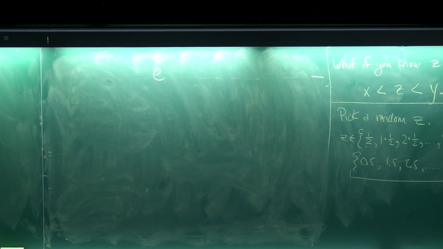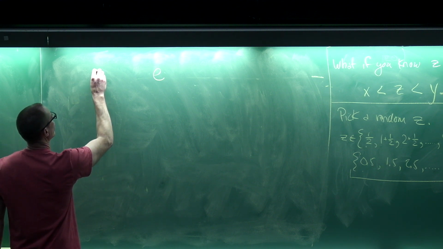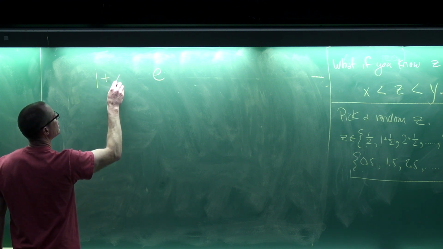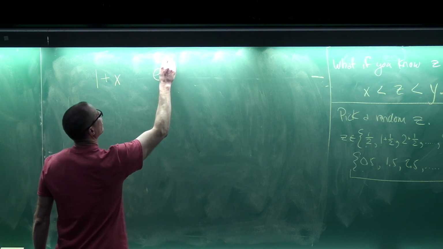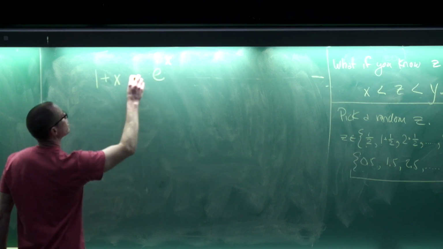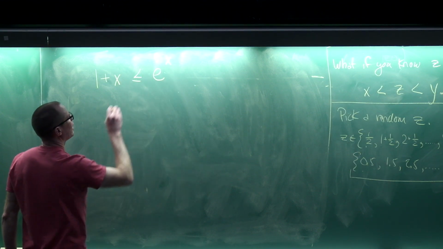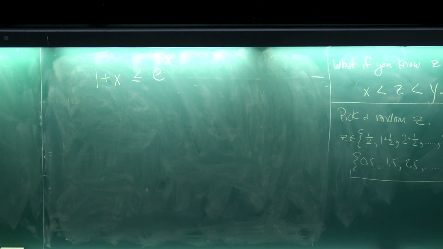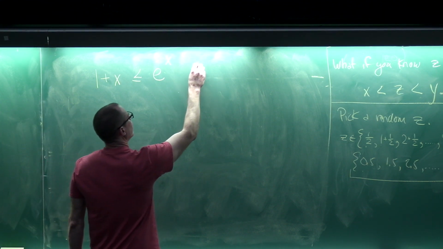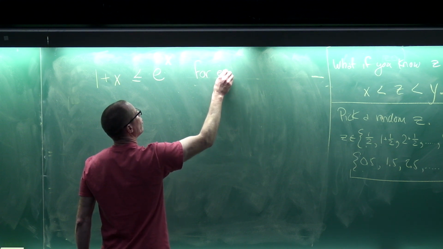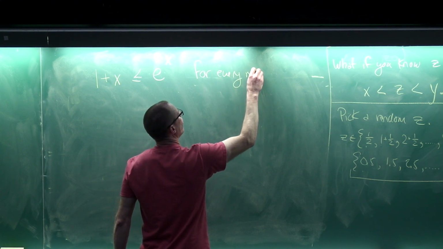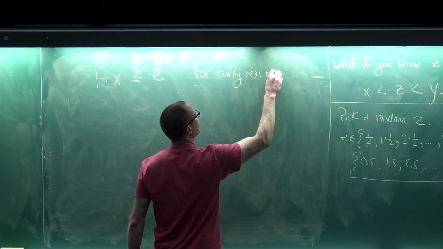One of the things you may or may not have seen is that 1 plus x is less than or equal to e to the x for every real number x.